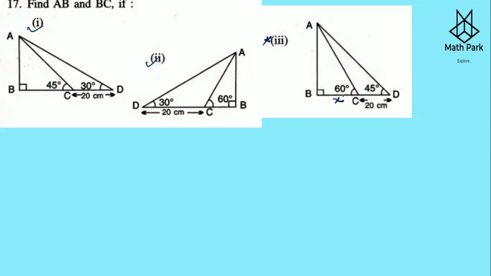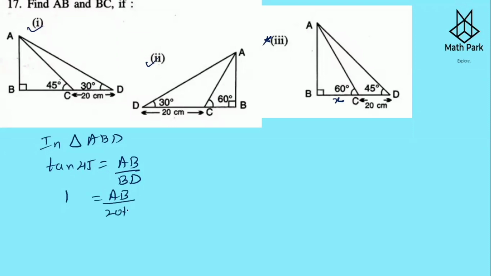So we use tan 45 now, opposite and adjacent. So we will be using in triangle ABD, tan 45 is equal to AB upon BD. Tan 45 is 1, is equal to AB upon BD, which is 20 plus X. So you get AB is equal to 20 plus X. Let this be equation number 1.